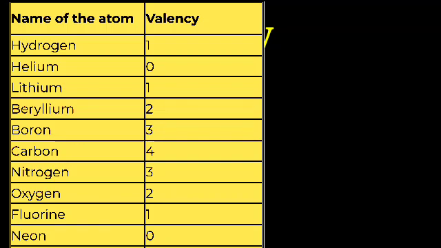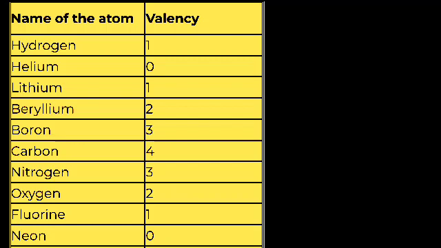Hydrogen has valency 1, helium 0, because helium is a noble gas, an inert gas.